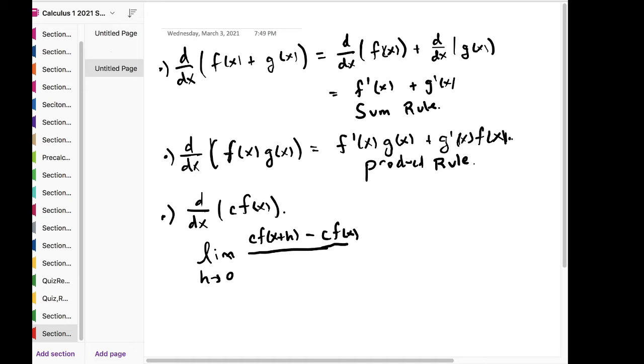And then what can I do after this point? How do we continue this limit? Any ideas?